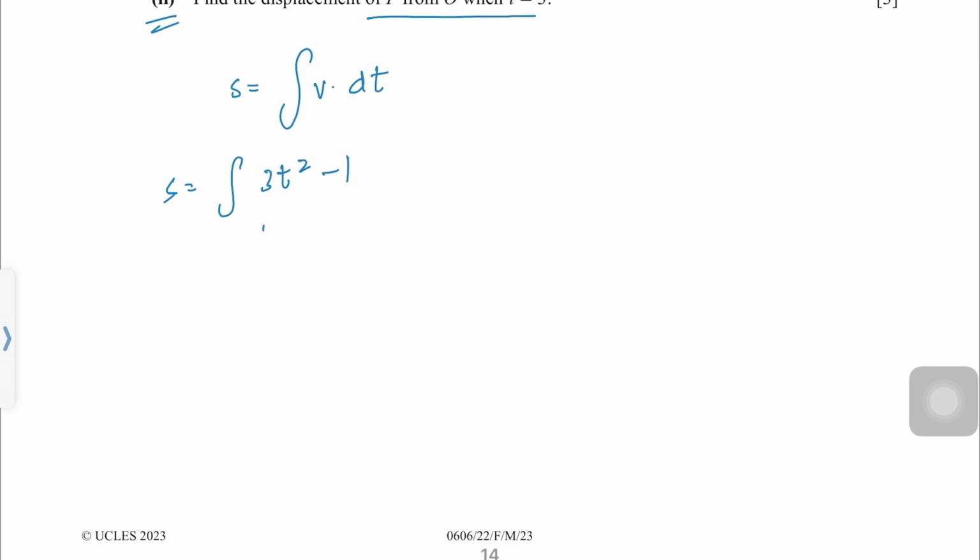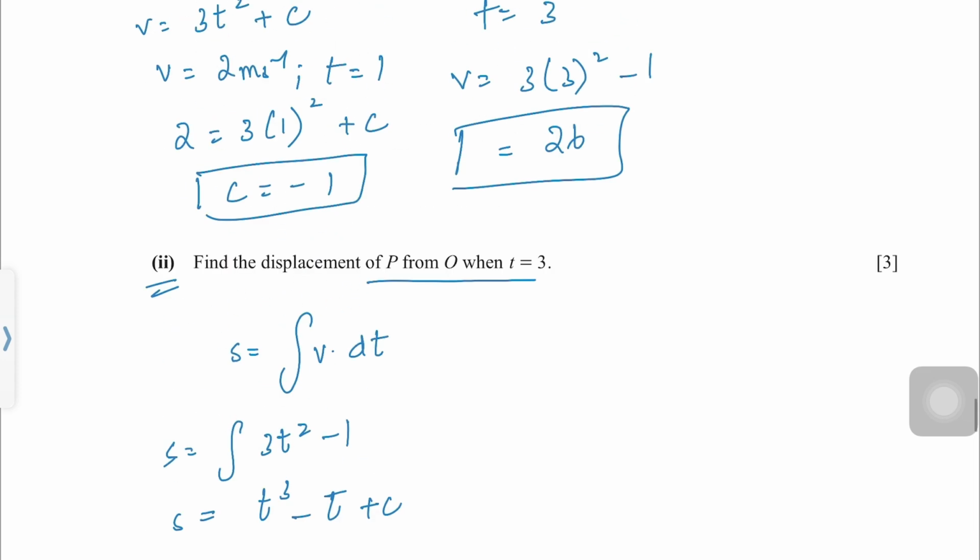Now to calculate our displacement, it would be integration. This power would be added, so it would be 3 and then this would go in the denominator and 3 would be cancelled out. This would make t cube. Then this minus any constant is multiplied by the variable. That would be t cubed minus t plus c is equals to s.